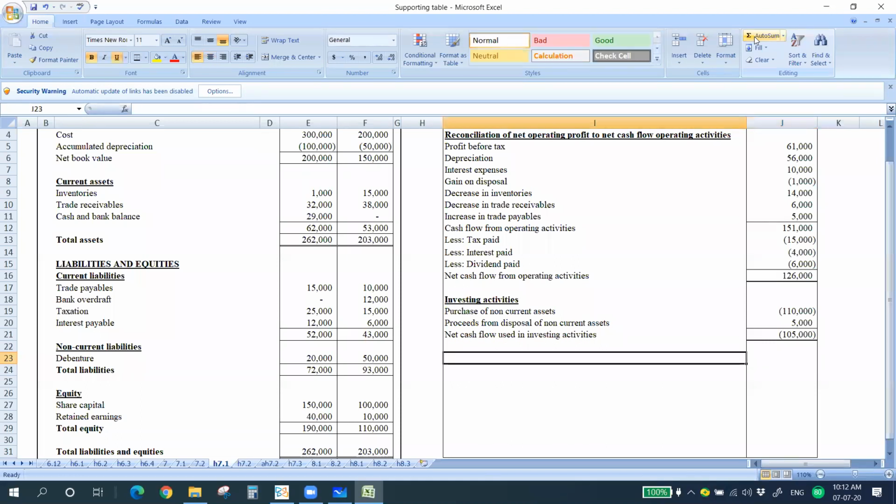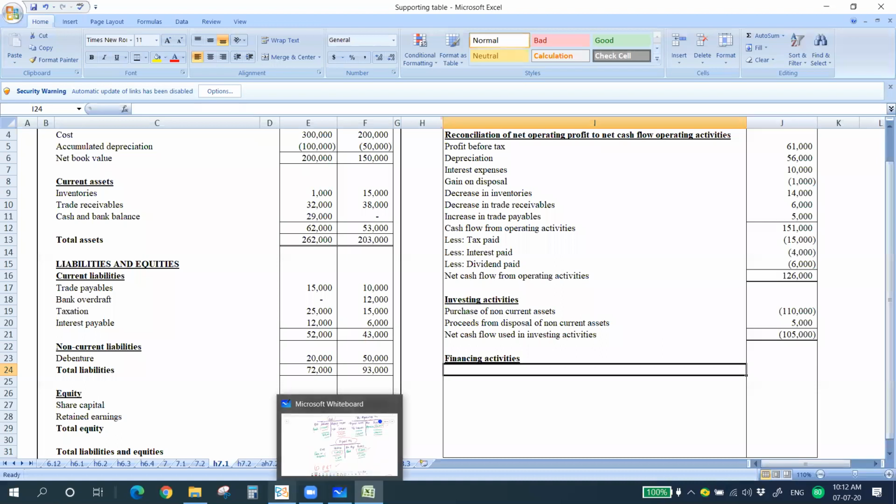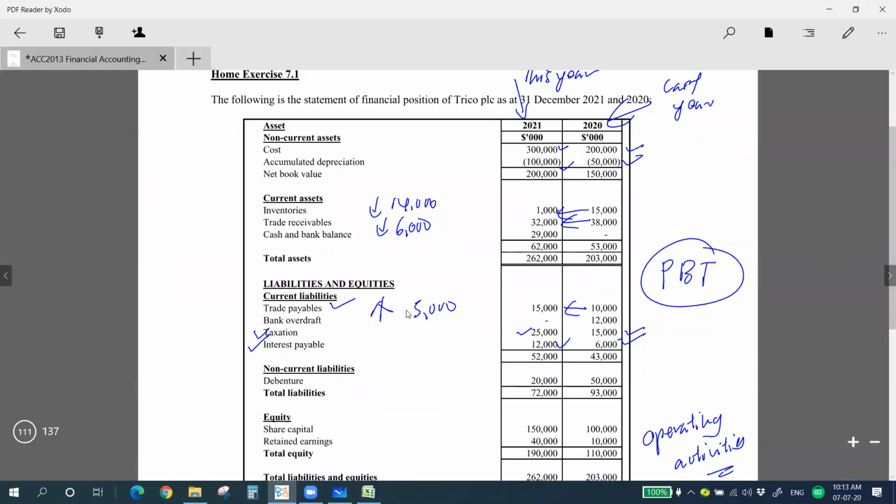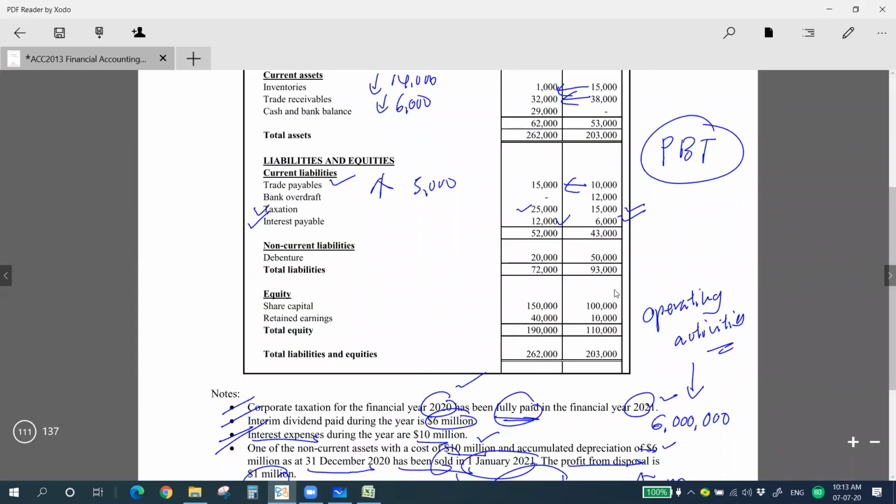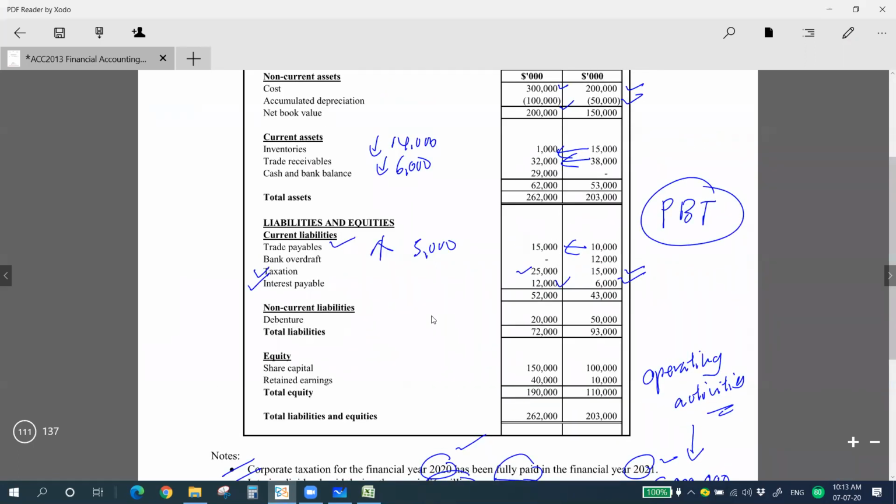So the next section will be financing. For the financing activities, we should look at the company's non-current liability. We look at the debenture and also share capital.